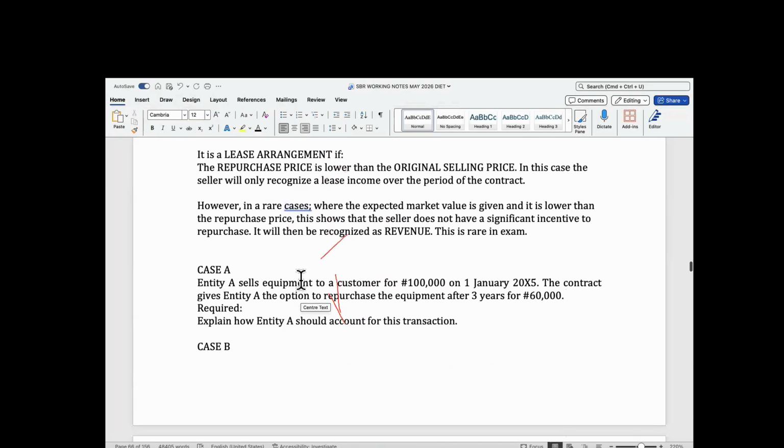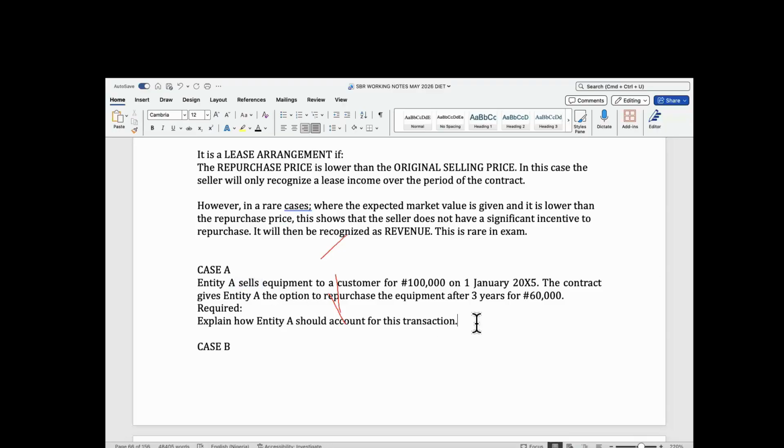Okay, let's look at some scenarios. Entity A sells equipment to a customer for 100,000 on 1st January 2005. The contract gives entity A the option to repurchase the equipment after 3 years for 60,000. Required: explain how entity A should account for this transaction.